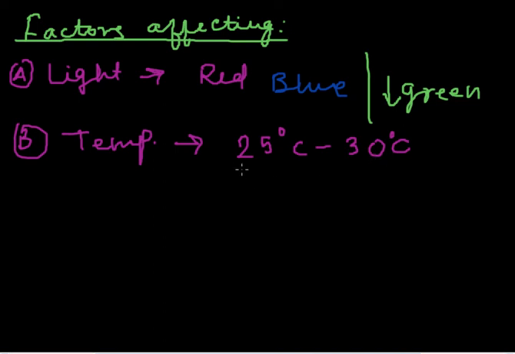Okay, means between this range photosynthesis occurs at maximum. Now the next factor, that is carbon dioxide or CO2.